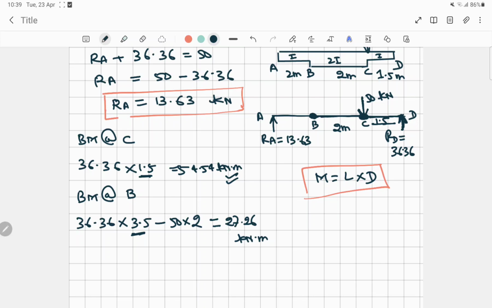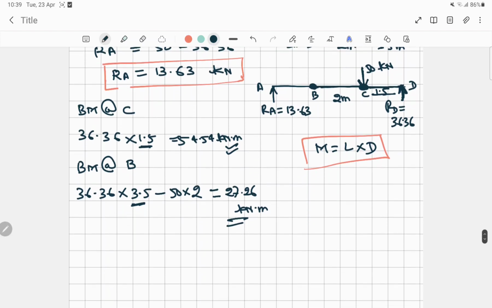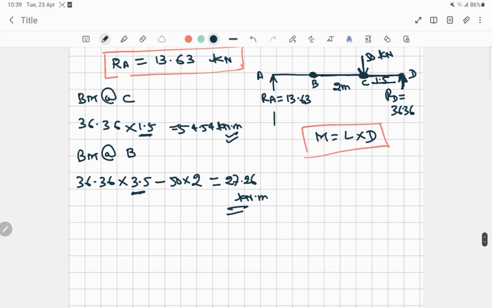So we'll get the value around 27.26 kilonewton. Okay, now for a simply supported beam, the moment at RA and RD will be 0.